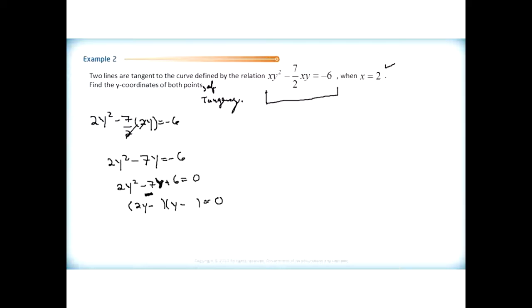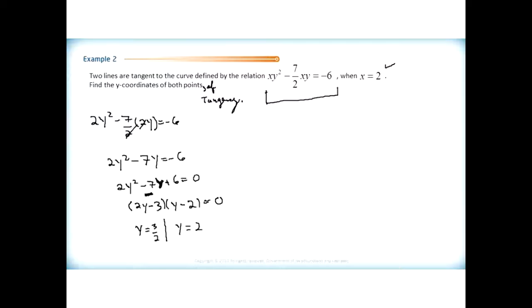We'll make one of them a 2 and one of them a 3, so that 2 times the negative 2 would give us negative 4, and 3 times 1 would give us negative 3. So that works out. All right, so our zero product property should tell us y could be 3 over 2, or y could be 2.